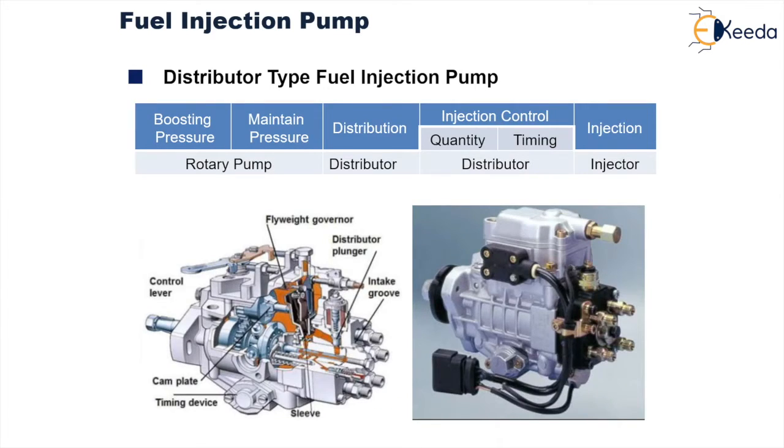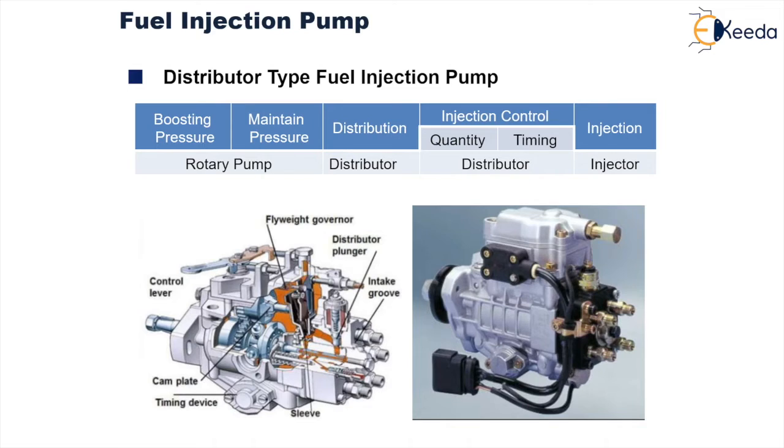Again, this is a diagrammatic representation of the system, and the table shows that the boosting pressure and the maintenance of the pressure is carried out by the rotary pump. The function of distribution of the fuel is done by the distributor, and so also the quantity and timing of injection is controlled by the distributor, whereas the fuel injection in principle is carried out by the fuel injector.